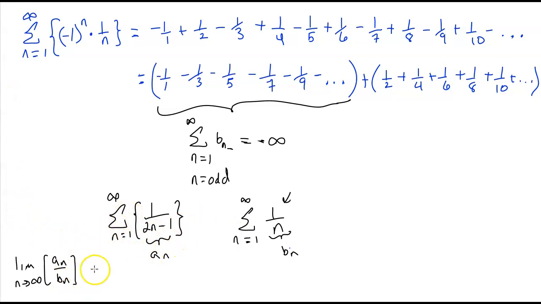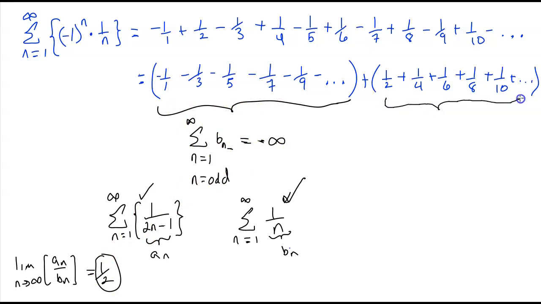And if we actually took the limit of what we have there, it will end up being 1/2. And so the limit comparison test here says that since this particular number is positive, then either both series converge or both diverge. And since this one we know diverges, then this one is going to diverge as well. And of course, in this case, it's going to diverge to negative infinity. So that's how we know that.